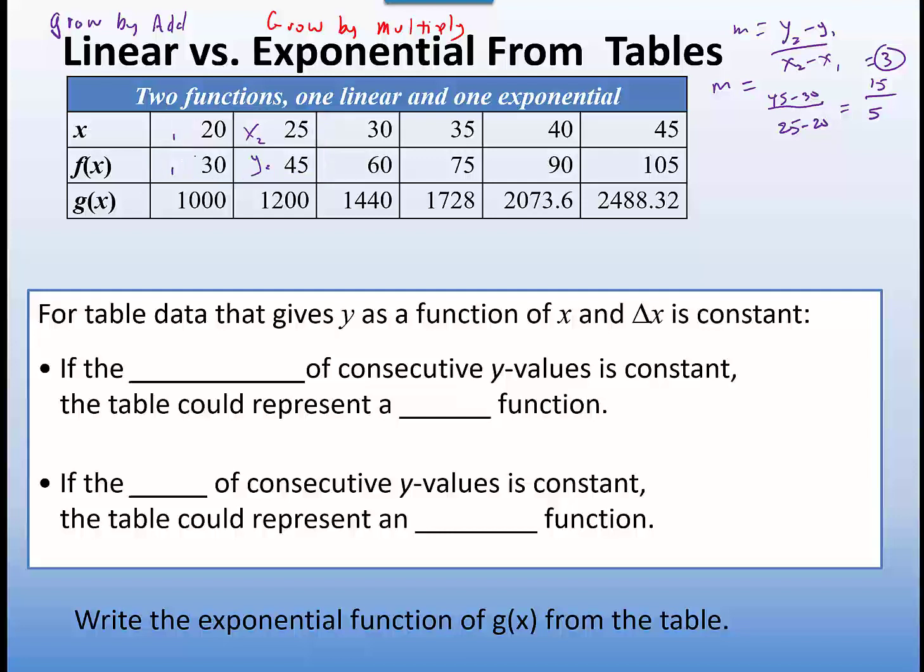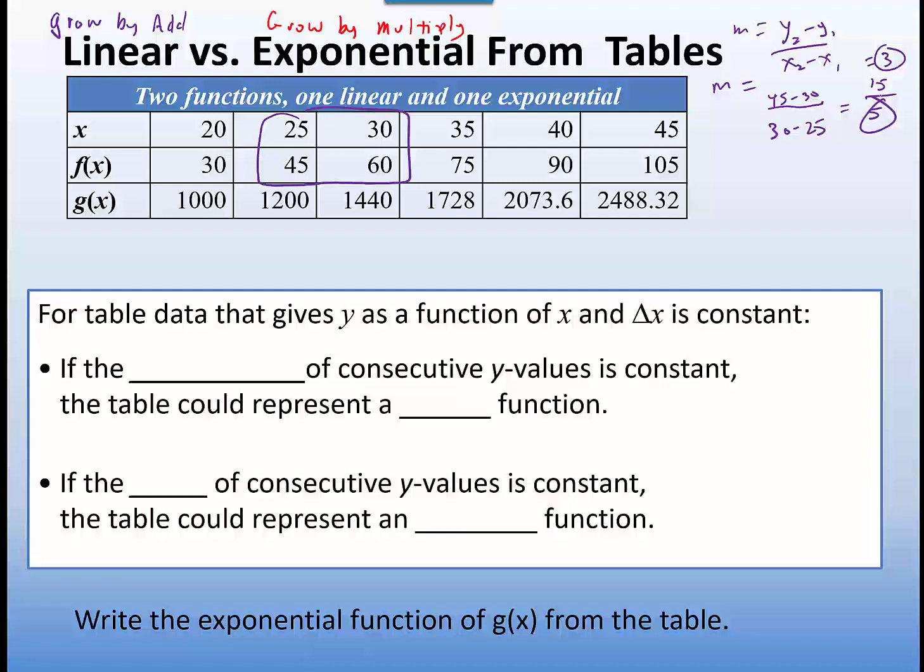Now, here's the shortcut. And the shortcut comes to us because the x's have this constant increment. If we look at these 2 points, the difference is 30 minus 25, which is 5 again. So I'm going to have 5 every time.